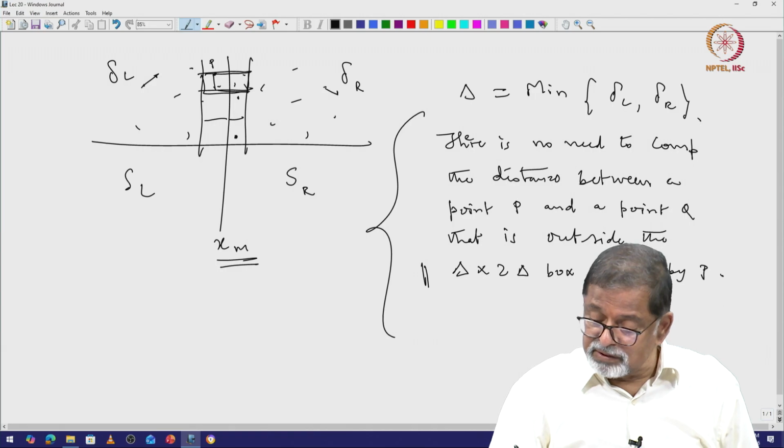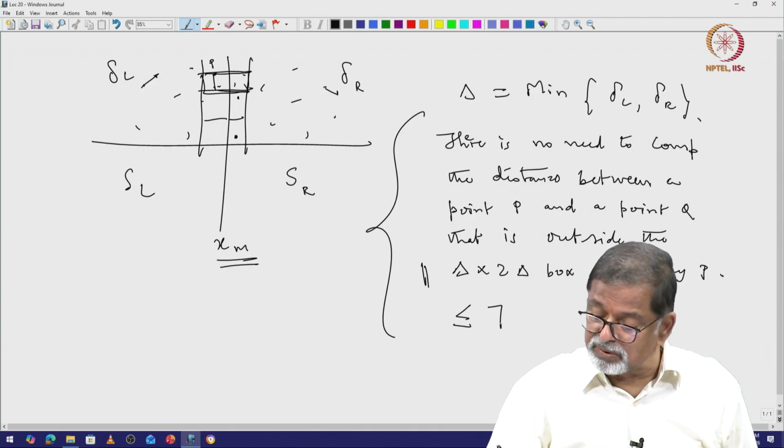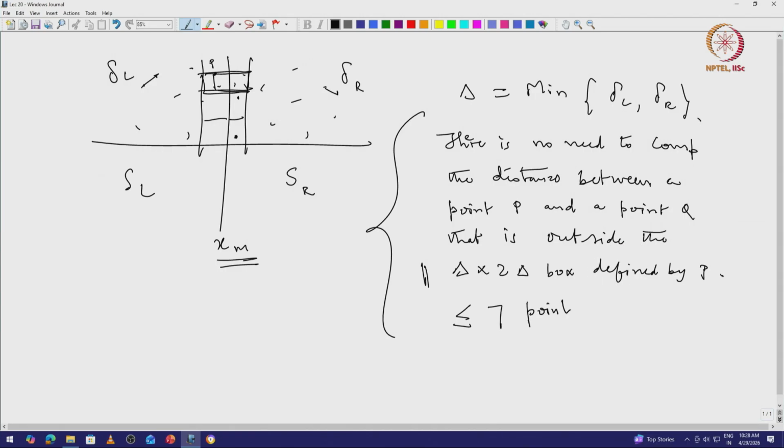So this box has less than or equal to 7 points other than P. Therefore, if I know which are all the points within this box, so first I will define a delta cross 2 delta box for P and then figure out what are all the points within that and compute only those distances.